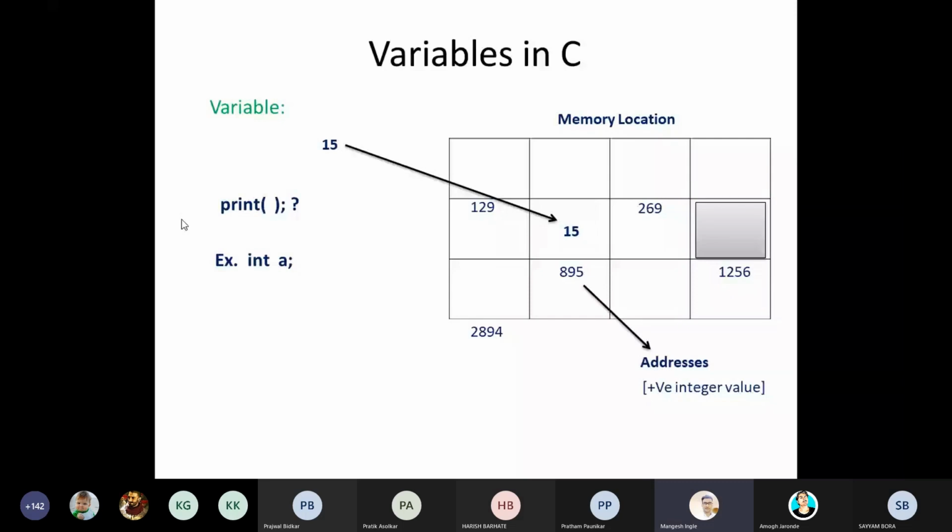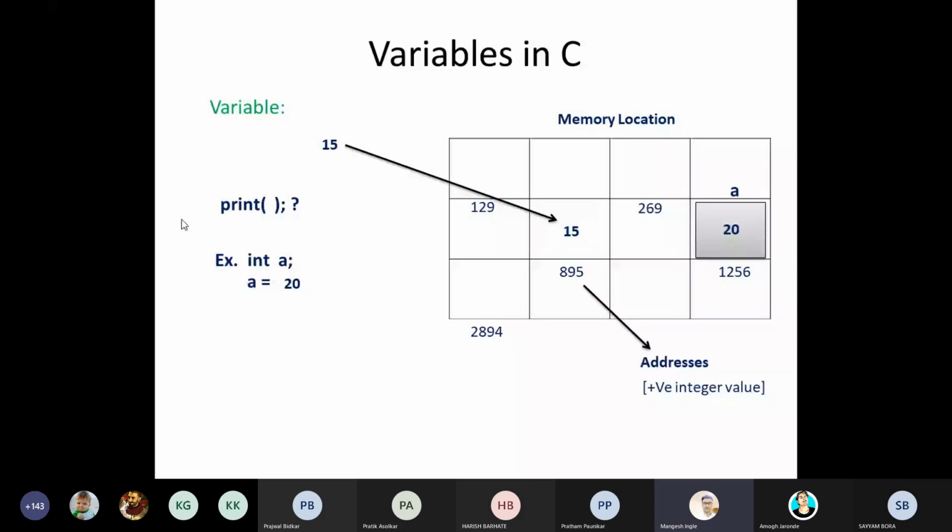Now your requirement is to store the value 20 into that memory location, or that memory address 1256. So a equals 20. Once you provide a equals 20, that value will be stored into that memory location. That memory location is nothing but the address, and the value is stored into that address.